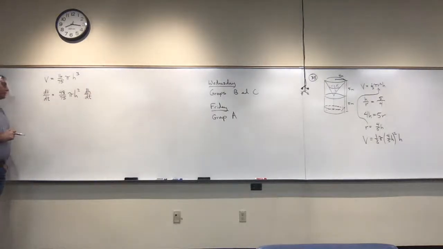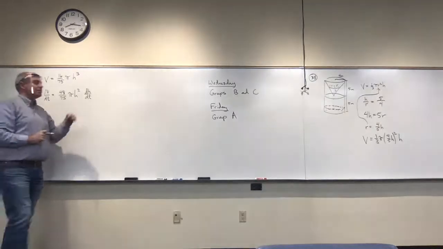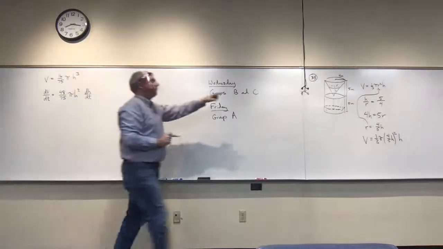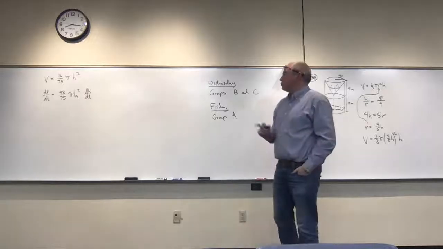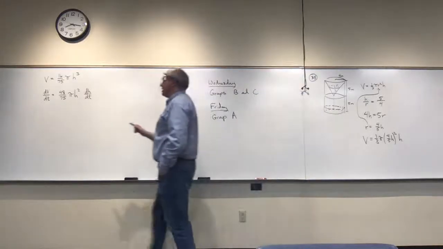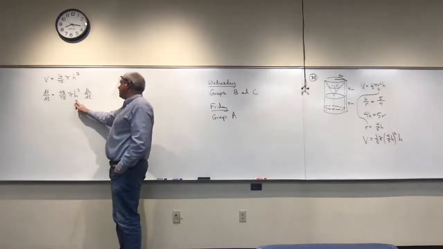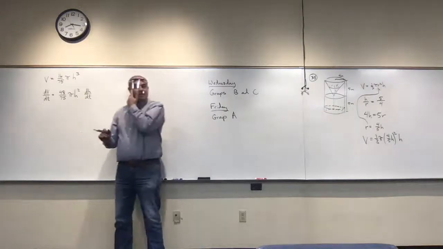All right. And the goal here is to find dV/dt, right? Because I want to know how fast the liquid is falling from the upper container into the lower container. So in order to find dV/dt, I need to know what h is, and I need to know what dh/dt is.